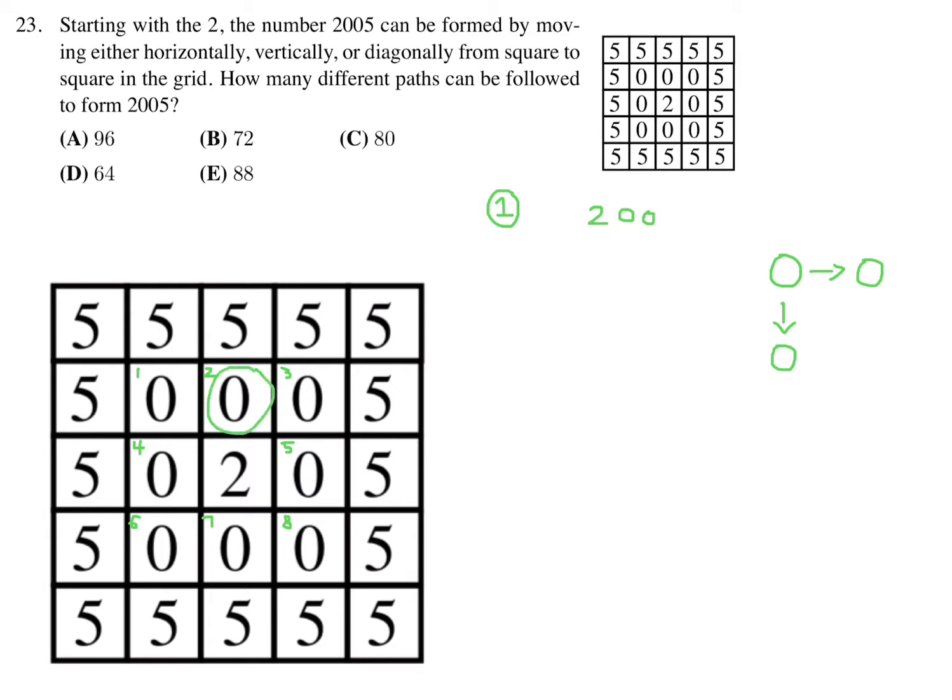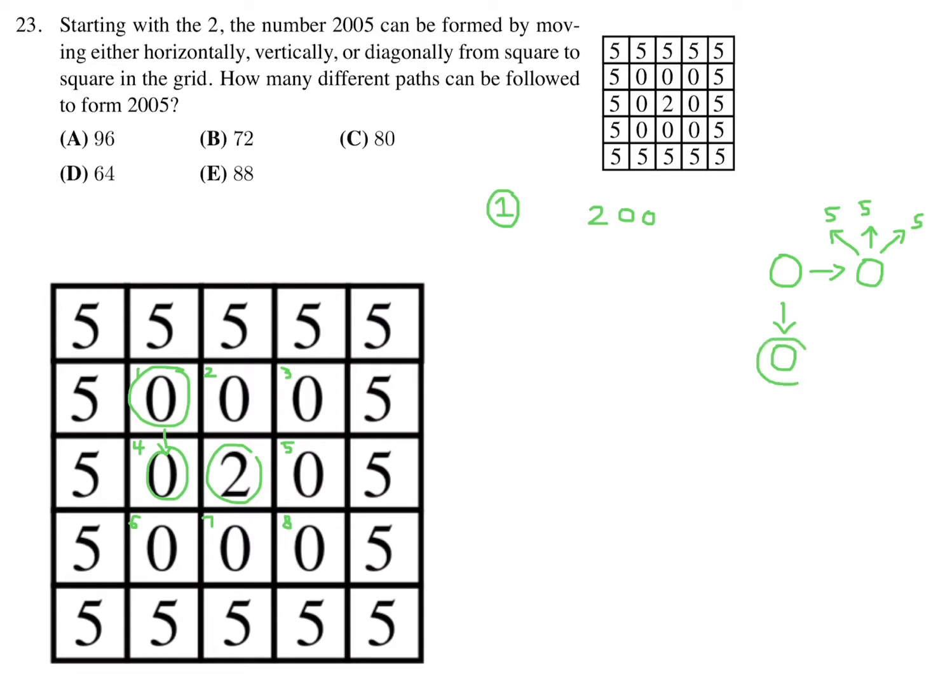From here, how do I get to a 5? Well, I can go either here or here or here. So I'll draw that in. I can go that way, a 5, up a 5, and this way, a 5. In a very similar way, I start here, I go to here, and then I go down here.